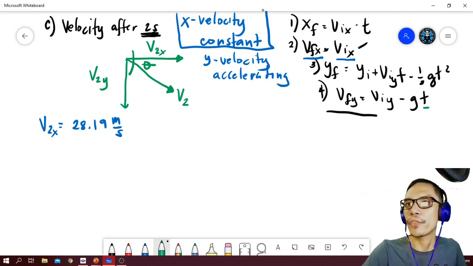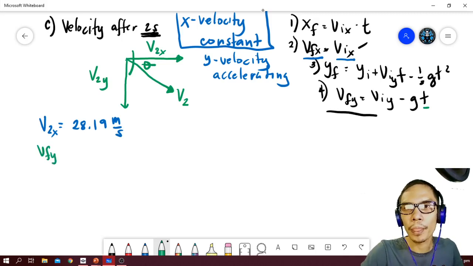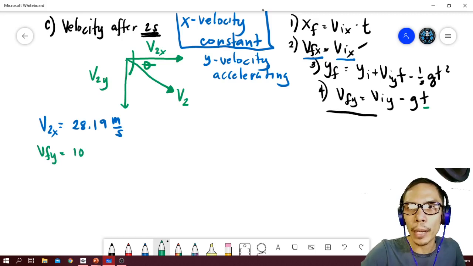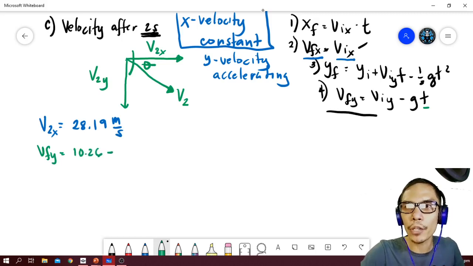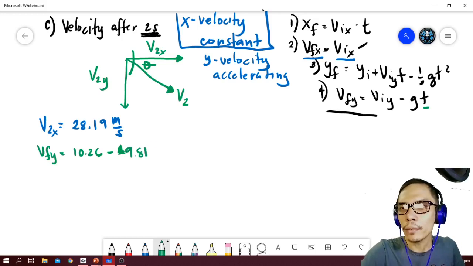So let's compute for the Vfy. Vfy is equal to, using that formula, 10.26 minus 9.81 times the time, which is 2 seconds.